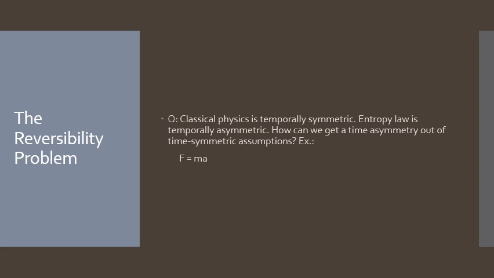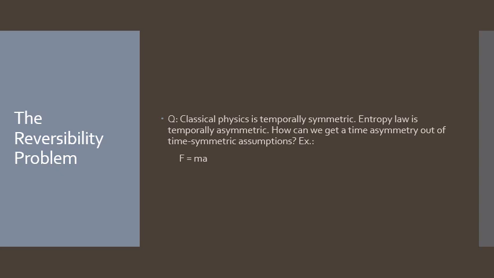Now, the problem with this is all of those assumptions that I just mentioned are temporally symmetric. That is, none of those assumptions contain any kind of asymmetry between the past and the future. None of them say anything that would imply that the past direction of time is importantly different from the future direction. But the entropy law is temporally asymmetric.